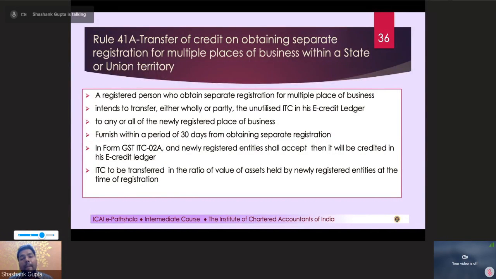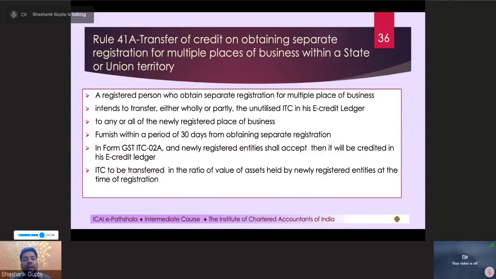Suppose I have 10 offices in India and 4 offices within Delhi: 6 offices are outside Delhi and 4 offices are within Delhi, North Delhi, South Delhi, West Delhi, East Delhi. So earlier, the maximum registrations I could obtain were 6 registrations, that is, 1 registration for Delhi for all the 4 locations and 5 for other states.